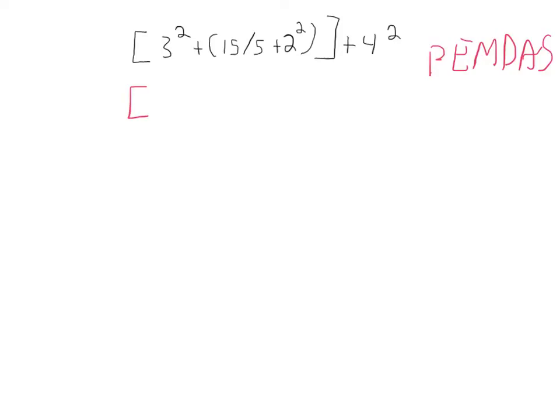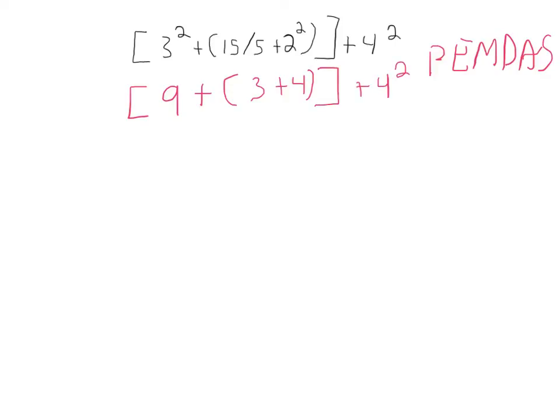So this 3 squared, I can see nothing is affected right there. I can make that turn into a 9 plus, here I can see that 15 divided by 5 is 3, plus 4 plus 4 squared.